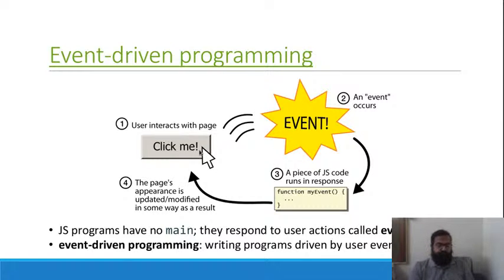So when the person clicks, or when the person does an action, or when an event occurs, right, based on the interaction by the user on the page, a piece of JavaScript code will run in response to that particular event, and that will modify the appearance of the page in some way.